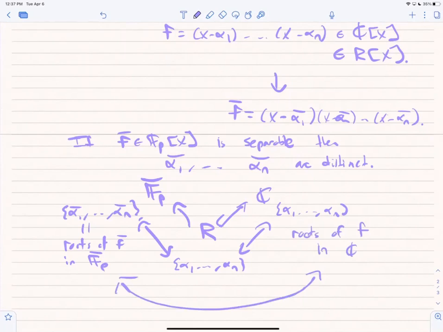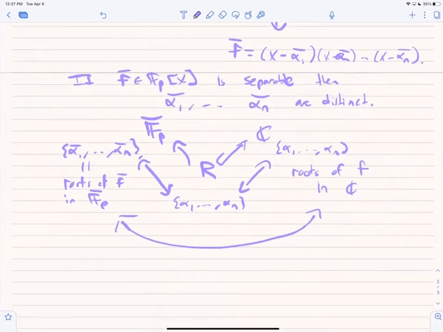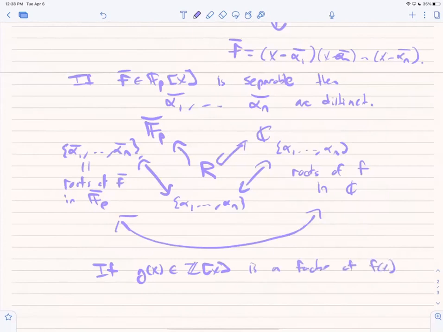Now what's the main thing about this bijection? This bijection is compatible with the following: if g of x in Z[x] is a factor of f of x, then the bijection preserves roots.